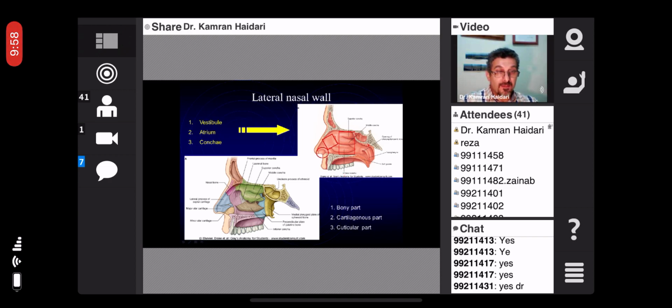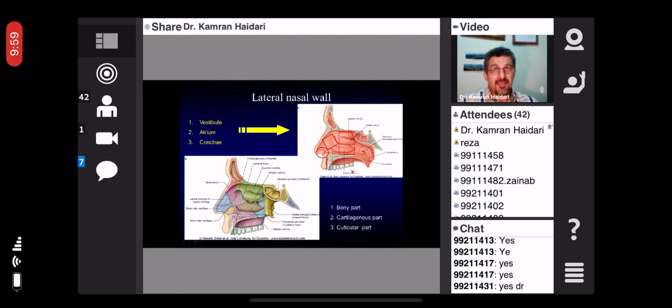This picture is different from this picture because this is the skeleton of the lateral wall, and in this picture the lateral wall is lined with mucous membrane. Because of this, you've got an even appearance in this picture.